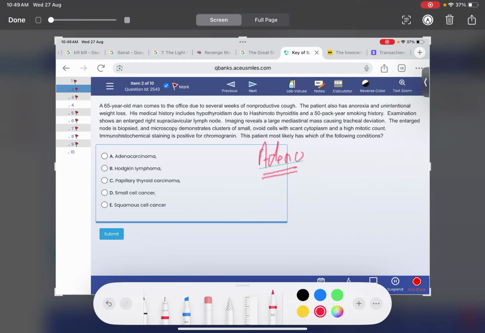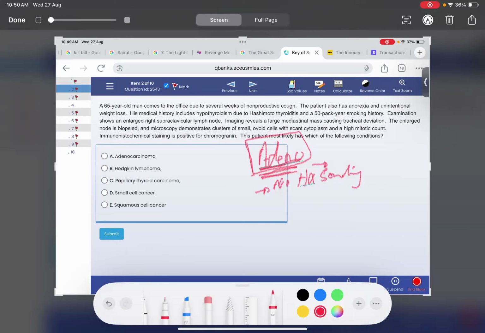If it is adenocarcinoma, there may be no history of smoking. Smoking can increase the risk of adenocarcinoma, but if there is no smoking history, it is less likely to be adenocarcinoma.